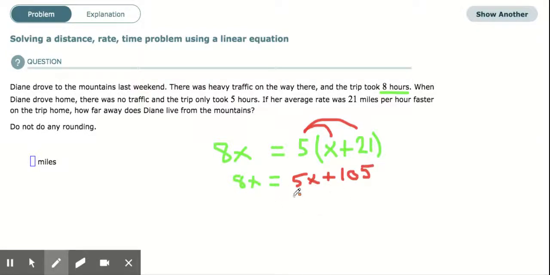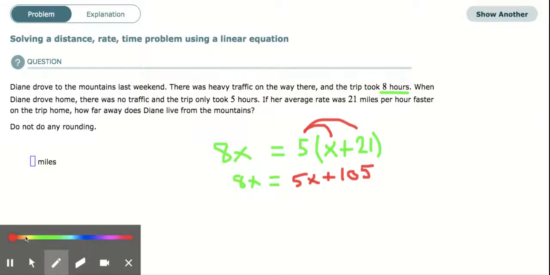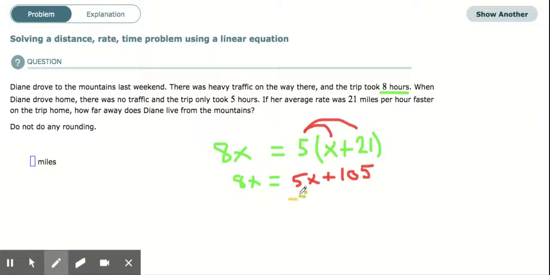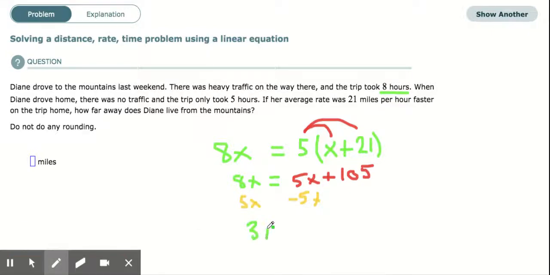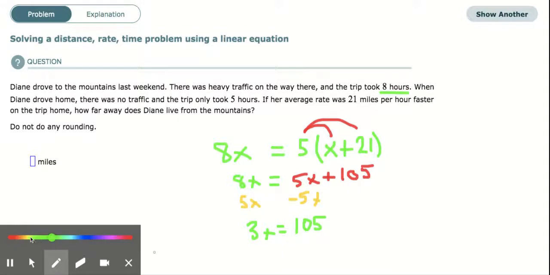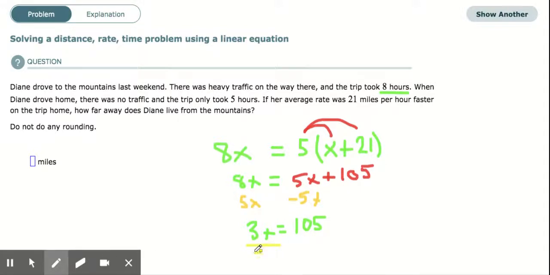All right, in order to solve for x, we need to get all the x's on one side. So let's subtract 5x from both sides. And we'll get 3x equals 105. And if you don't get a whole number, you might want to check your answer once you're done dividing, because usually it'll give you something that's easier to work with.